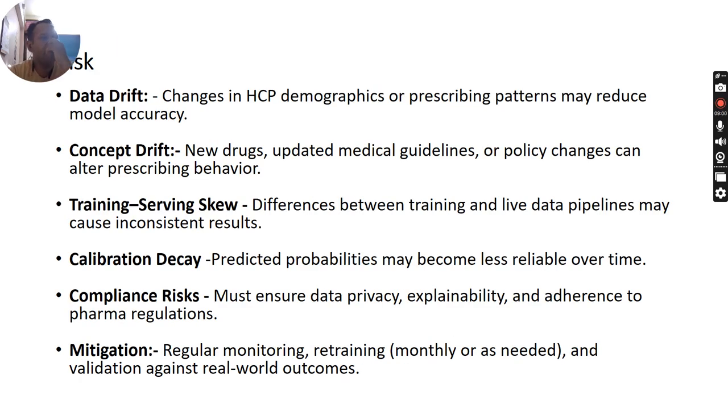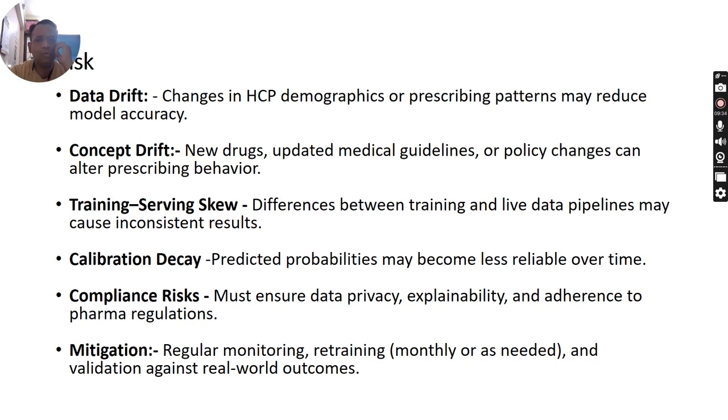Lastly, we have identified a couple of risks, majorly around 5 to 6 risks that we foresee, like data drift, which can be changes in the HCP demographics and prescribing patterns, and that may reduce the model accuracy. There will be concept drift from new drug launches, competitor drugs, updated medical guidelines, or policy changes in a particular region or territory that might impact prescribing behavior.